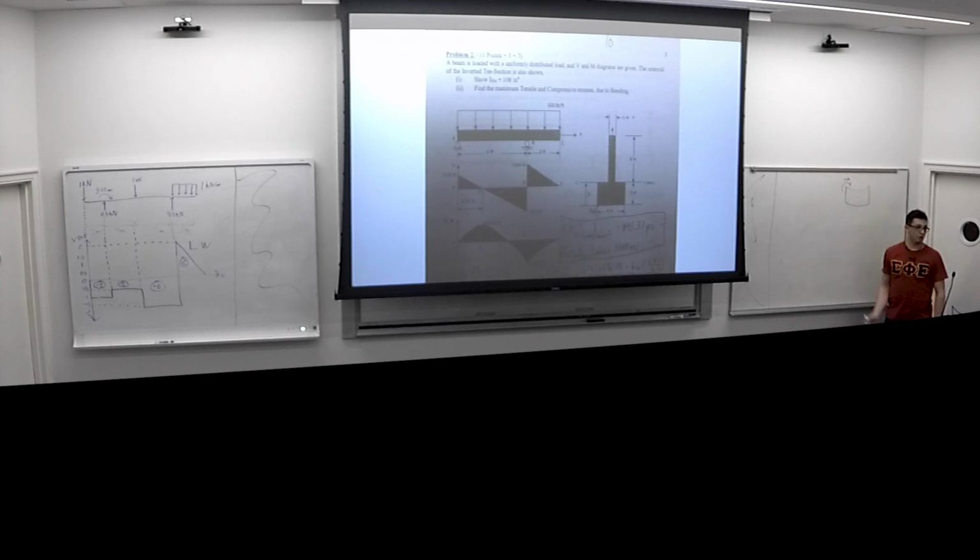This is your positive moment. So since it's going clockwise over there, it acts positive, so it went up 8. So then that just goes straight onto this graph. Kind of the same way the forces went straight into the V diagram, the moments go straight into the M diagram, and it's just an immediate change.